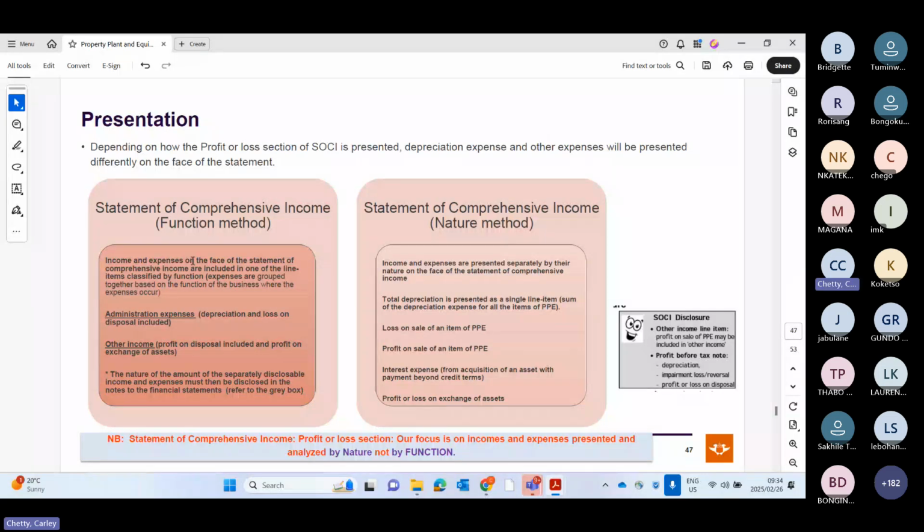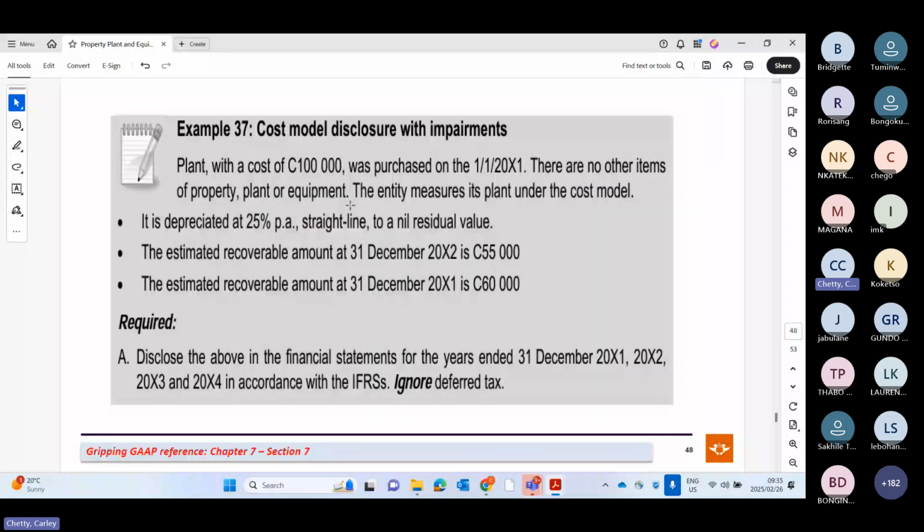Now we have an example here of how to disclose. It's an example basically on presentation and disclosure. I'll post extra calculations to this, but I just want to show you here. Remember we said that property, plant, and equipment is shown as a line item.